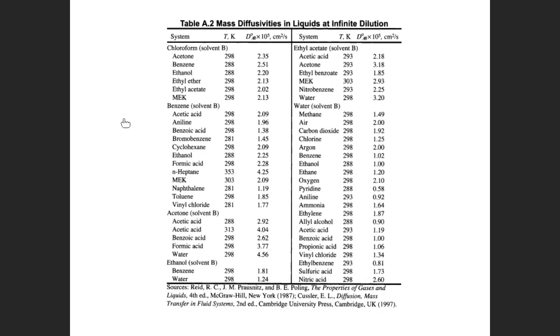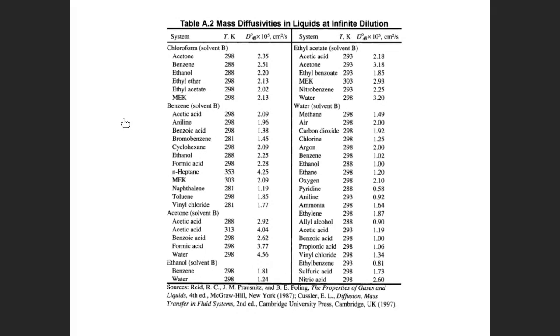To do that, we assume temperature is constant, pressure is constant. Another thing is the dilution: it is not a concentrated liquid, it is a very diluted liquid. So that's the case in which these values are given to you.